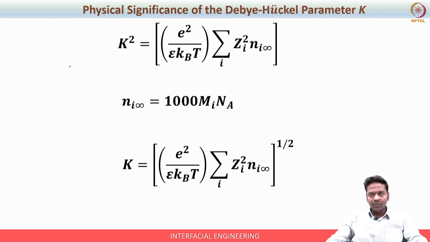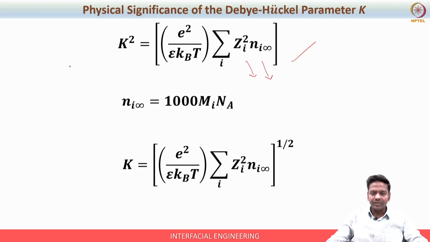So now we can look at the physical significance of the Debye-Huckel parameter. Okay, as you can see, the Debye-Huckel parameter, which is k square, is defined in this way, right. Here the variables are the valence, that is Zi square, and Ni infinity, which is the bulk concentration. Okay.